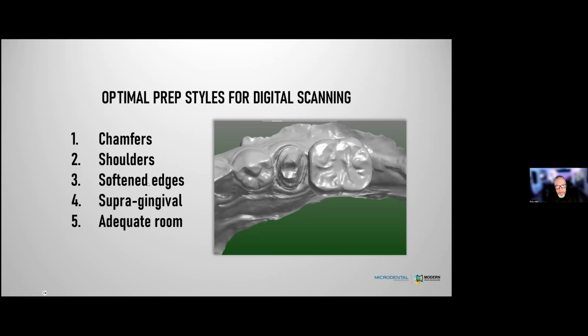The other part of that is softening edges of some of these crowns. What ends up happening in a lot of scenarios as well is if you're prepping and you have sharp edges, the milling machine has to get around that sharp edge. And the only way it can get around that sharp edge is to over mill that area if a burr is not small enough to get in there.